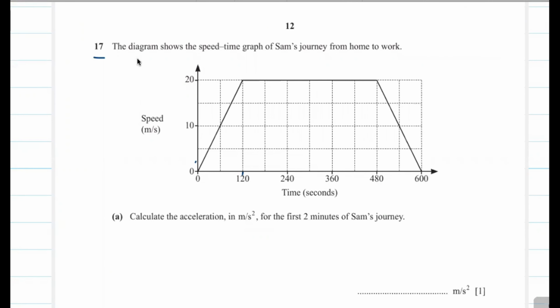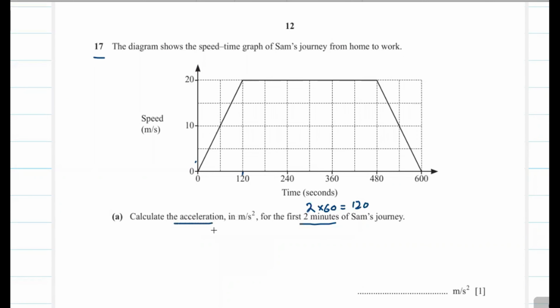Question 17, the diagram shows the speed time graph of Sam's journey from home to work. Calculate acceleration for the first 2 minutes of Sam's journey. To find the acceleration, firstly we convert the 2 minutes into seconds because the time on the speed time graph is given in seconds. We multiply by 60, that's equal to 120 seconds.